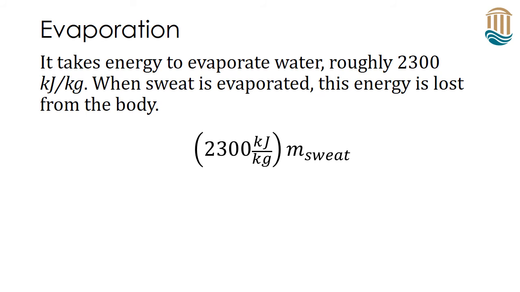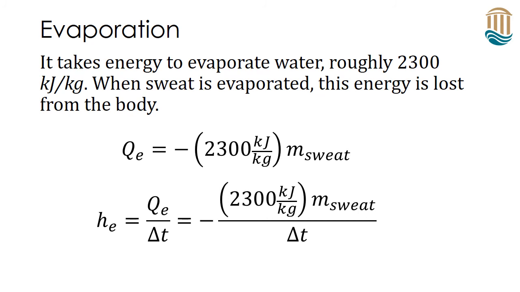If you know how many kilograms of sweat have been evaporated, you know how much energy it takes. This is thermal energy that's lost to the body, so in our system, its value is a negative number, as is the rate of heat transport out of the body. Mammals that use this mechanism have the ability to sweat more if they are too hot, or to stop sweating if they don't need to remove any more thermal energy.